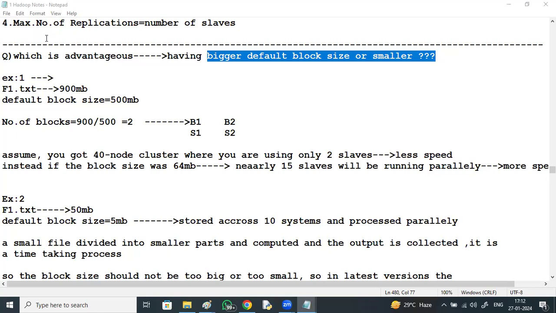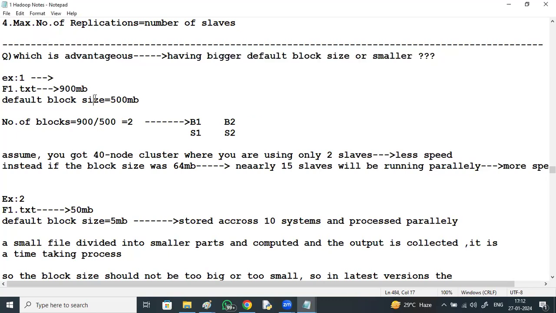Smaller may save more memory, because observe. We'll take one example of bigger and one of smaller and try to comment on it. First, if I take f1.txt, assume the file size is 900 MB. Default block size 500 MB. This 900 MB is divided into how many blocks? 2, right?